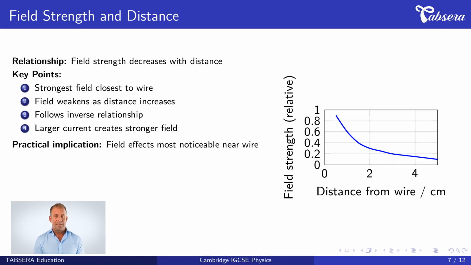Doubling distance significantly reduces field strength. Fourth, larger current creates stronger field at all distances. Current is directly proportional to field strength. The practical implication is that field effects are most noticeable near the wire. The graph shows this inverse relationship clearly, with field strength dropping rapidly as distance increases from the wire center.